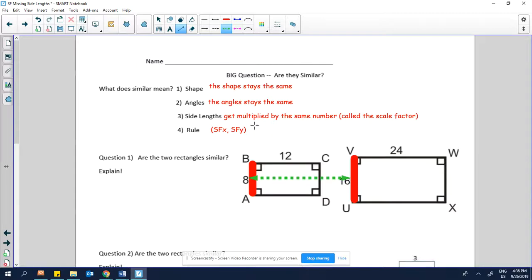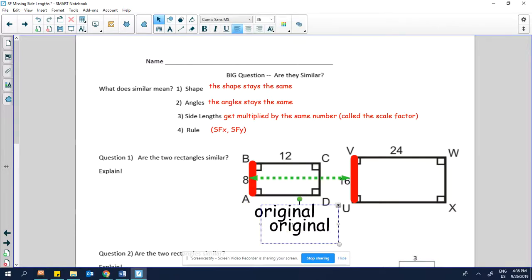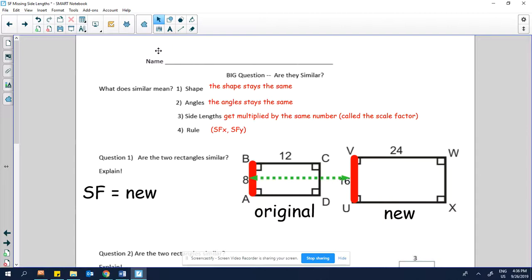And remember, you can do original, let me give you the original one, original and new. And to find your scale factor, you would do new divided by original.